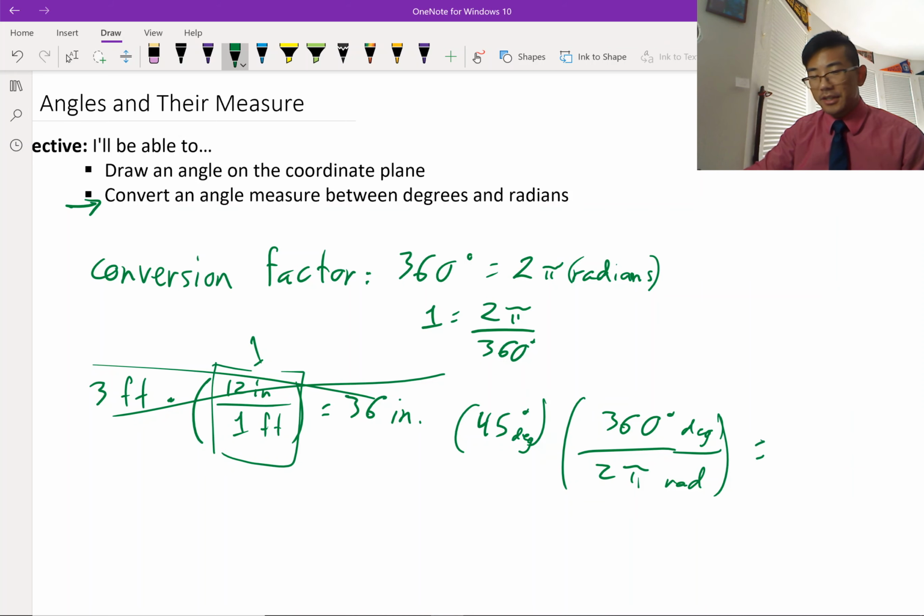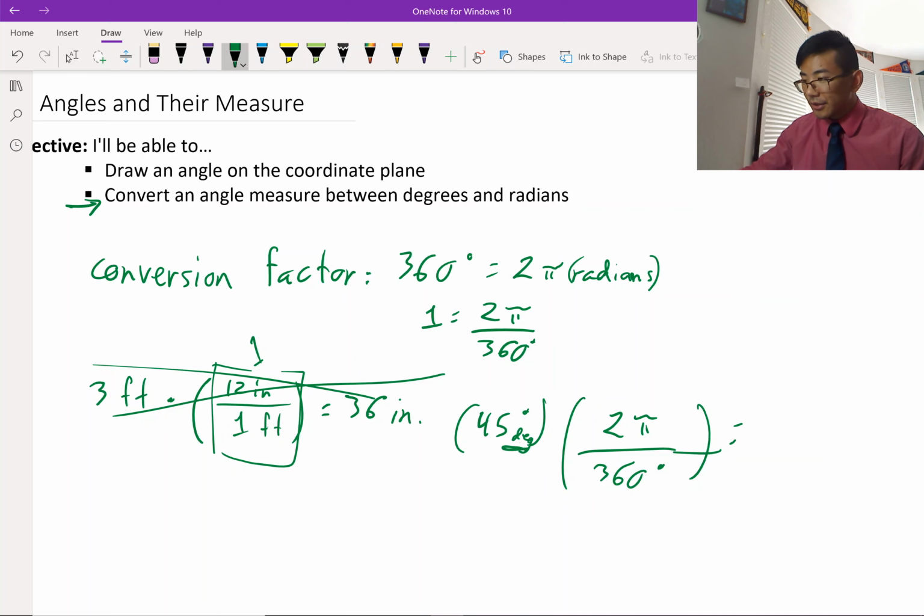And so your units on your final result will be degrees squared per radian, which doesn't quite make sense. So make sure that whatever unit starts off on top is canceled out by the denominator of the conversion factor. So in this case, I want the 360 degrees on the bottom, 2 pi on top.